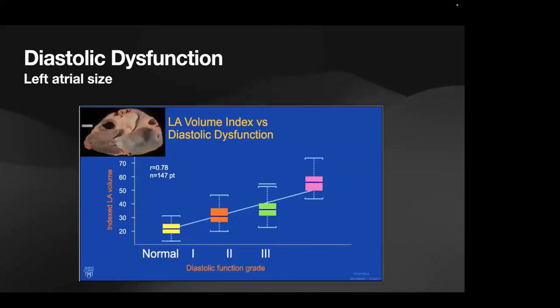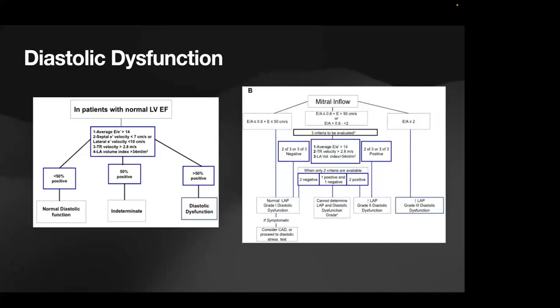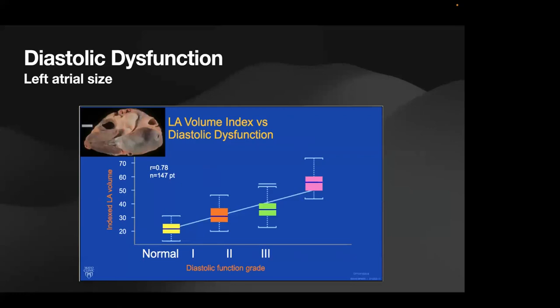Now, the next part of this was the left atrial side. If we flip all the way back, we talked about the E over E prime, your lateral and your septal E primes, and now we're going to talk about your LA volume index. And quite simply, there was a change. Patients who had higher diastolic grades had higher indexed left atrial volumes, and it correlated linearly.